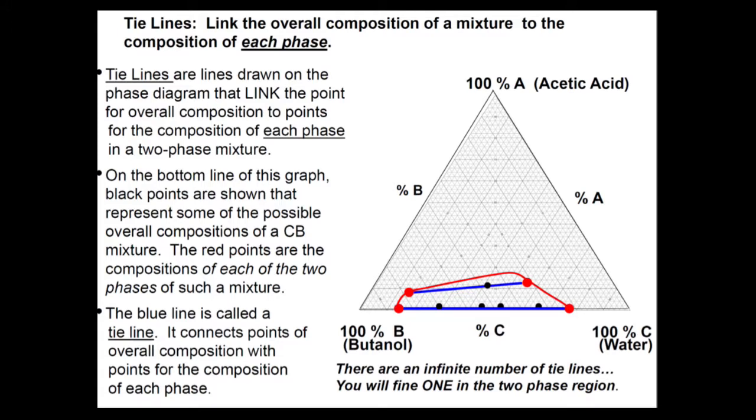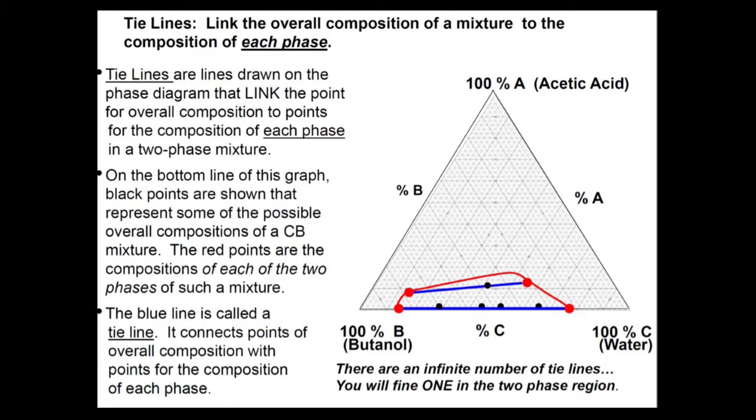So there's a feature on this type of phase diagram, which is called a tie line. And there's actually a theorem that can be proven, which we're not going to prove, that says that there is a line that connects the composition of each phase to the overall composition. All right, that's a little bit esoteric, but let's look at the bottom line of this phase diagram.